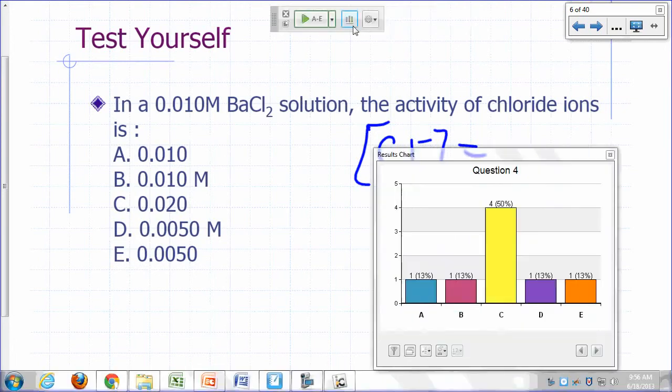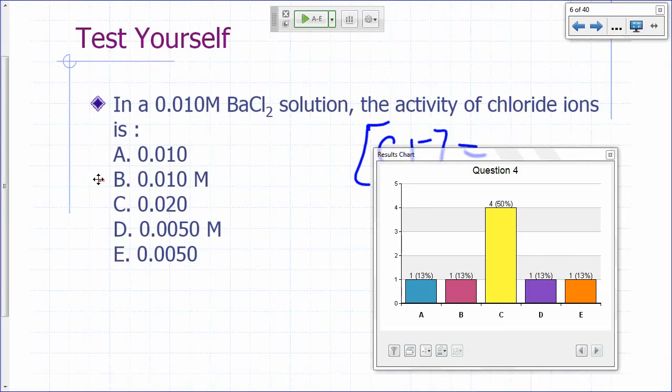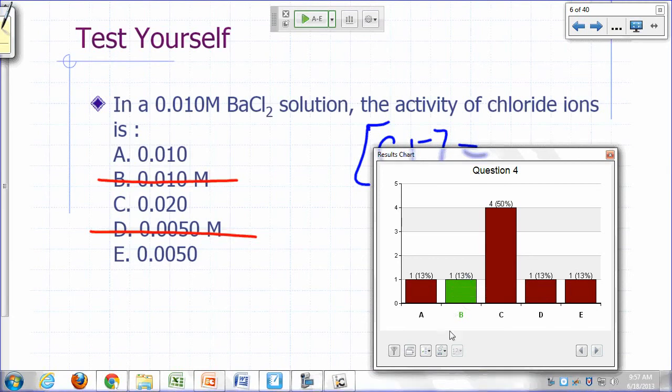Okay, correct answer. What did we say activity was? It's a unitless quantity. It's 1 for solids. In aqueous solutions, it's the numerical value of the molar concentration. So which one can you rule out right away? The one with a unit, right? That one's wrong. Okay, what's the concentration of chloride?